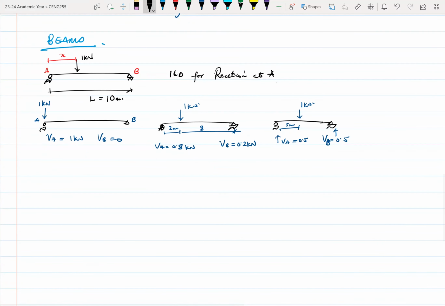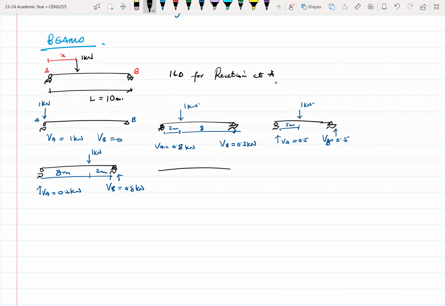Now again, let's move the goalpost. Now our load has moved. Let's say this is 2 meters now, so this whole thing is 8 meters. So now your VA is 0.2 kilonewtons, and your VB is 0.8 kilonewtons.